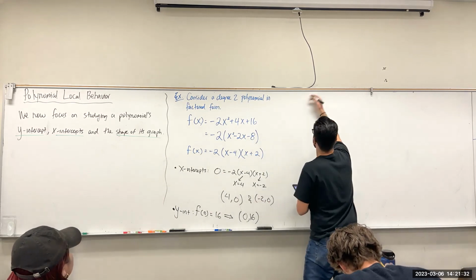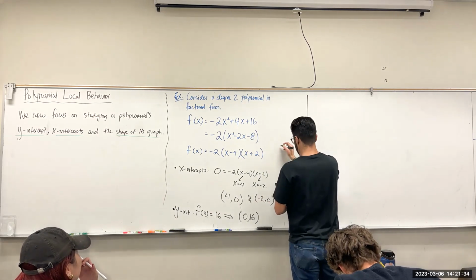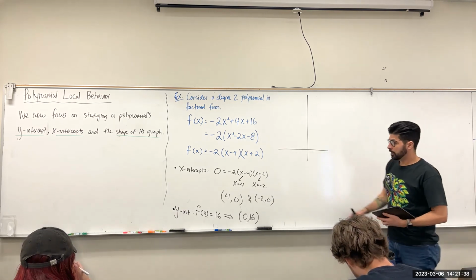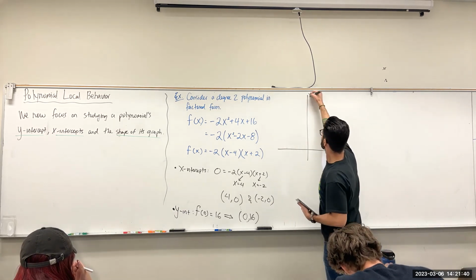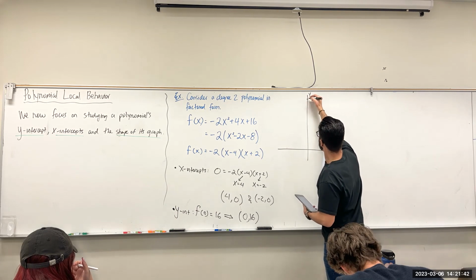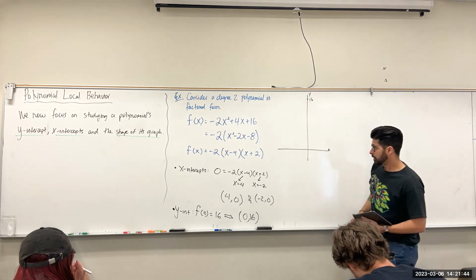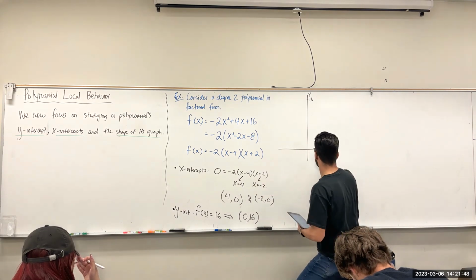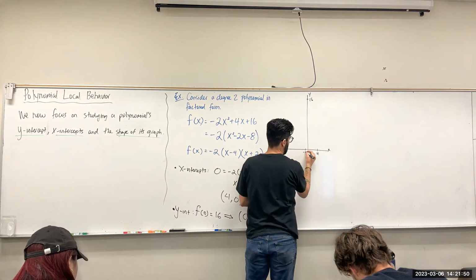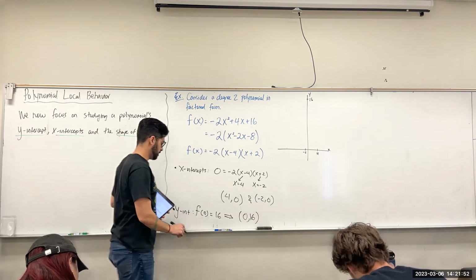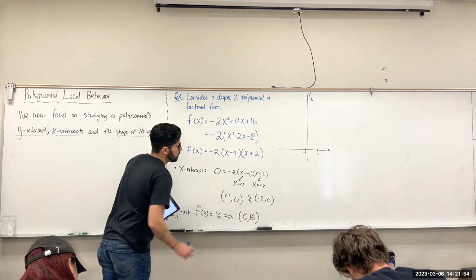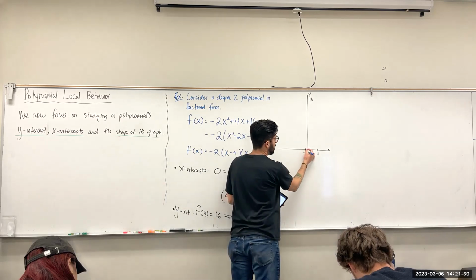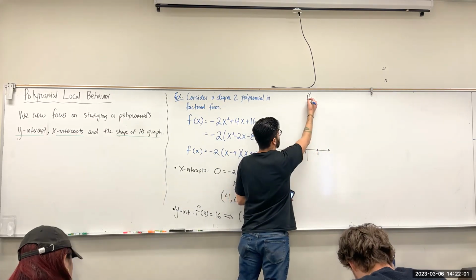So then that means that the shape of this graph, oh, careful. The shape of this graph is going to cross the y-axis at 16. It's going to cross the x-axis at 4, and it's going to cross the x-axis at -2 as well. So it has to cross here, here, and here.